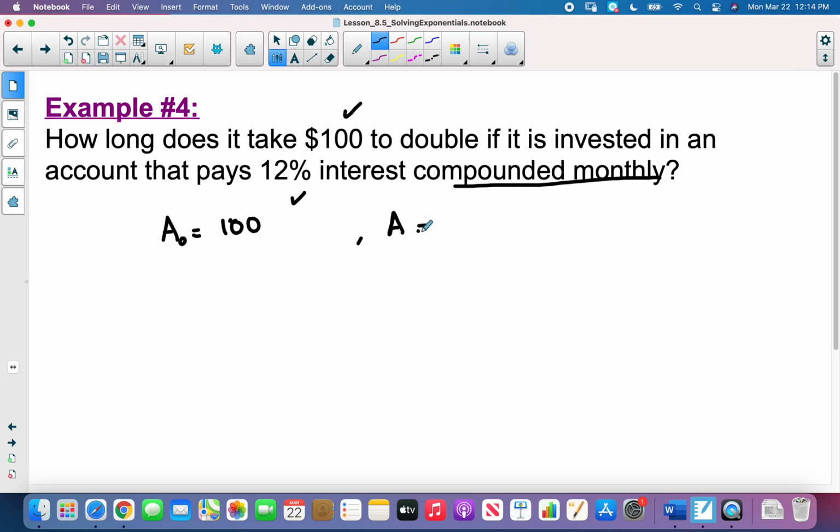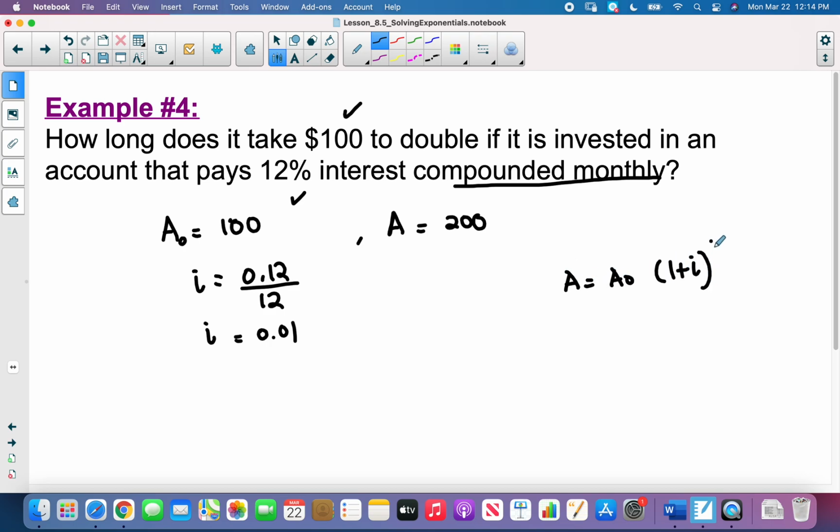So double means it becomes $200, right? And we are given that the interest rate is 12%, so it's 0.12. Because it's compounded monthly, we're going to divide that by 12 to get i as 0.01. And our formula is A equals A0 (1 + i) to the power of n. 200 equals 100 times 1.01 to the power of n.